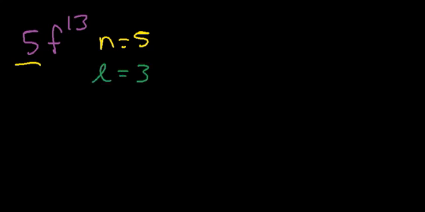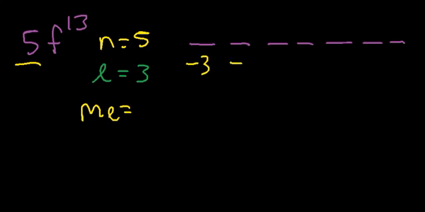Alright, for the sake of practice, let's try one more example. Let's focus on the 5f13 electron. So n is 5, L is 0 for S, L is 1 for P, L is 2 for D. For F, L is 3. And for the F sublevel, there are 7 orbitals. And ML can vary between -3 and 3 because L is 3.